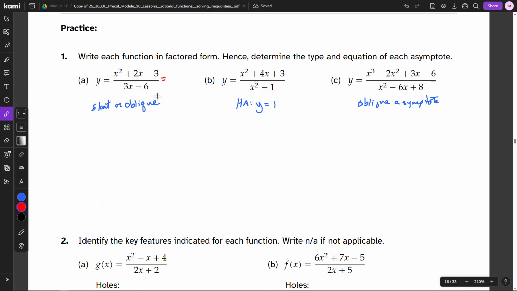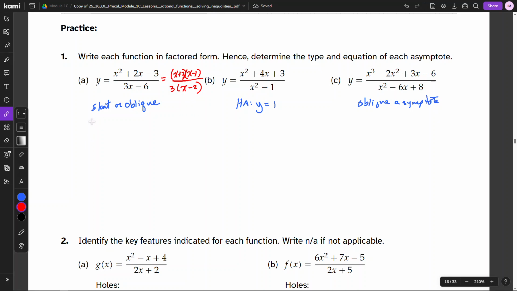Okay, so for the first one, if I factor, this would be x plus 3 times x minus 1. Denominator factors to be 3 times x minus 2. And so I know I'm going to have a slant or an oblique asymptote, and it's going to be based on what happens if I divide by my denominator.